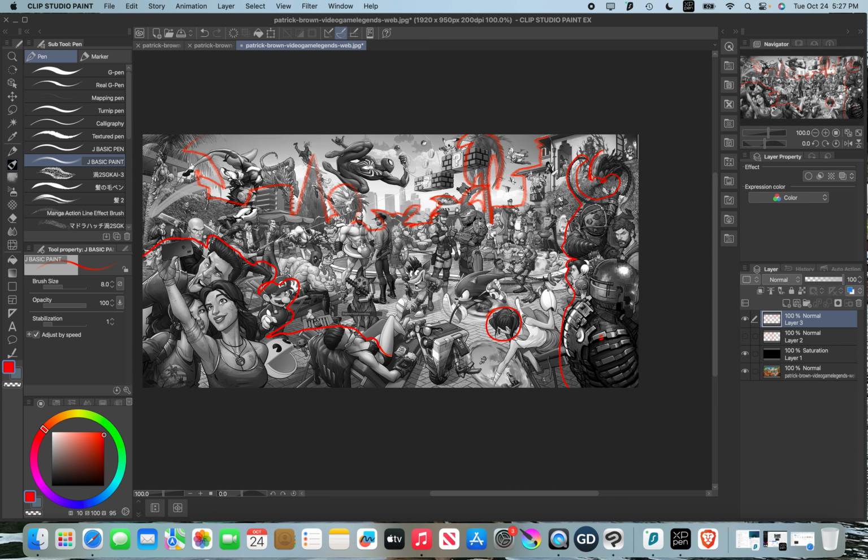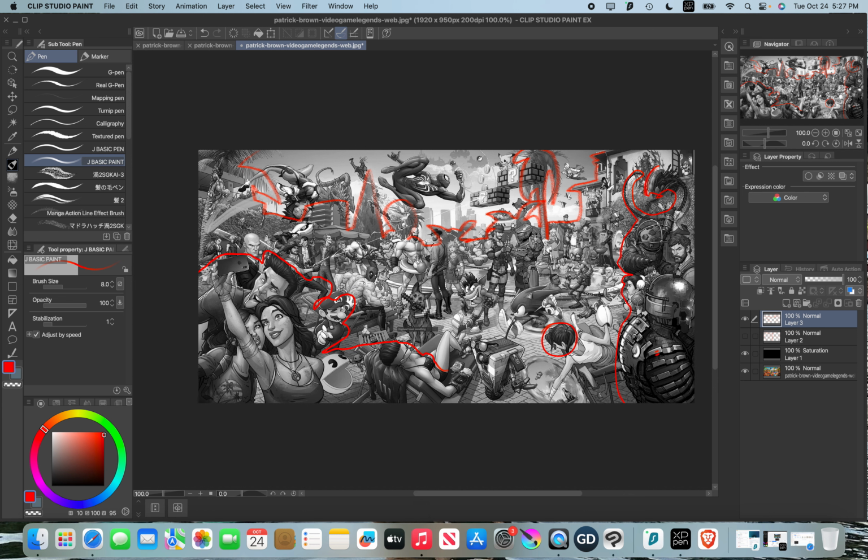And so we have these darker shapes in the foreground that are separating the darker tones from the midground. And then we have the background, which is a much lighter tone.